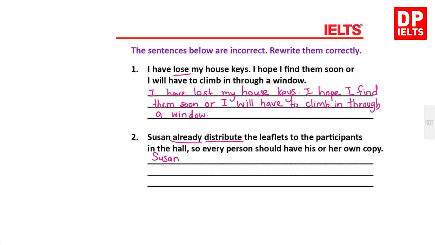So, Susan has already distributed leaflets to the participants in the hall.